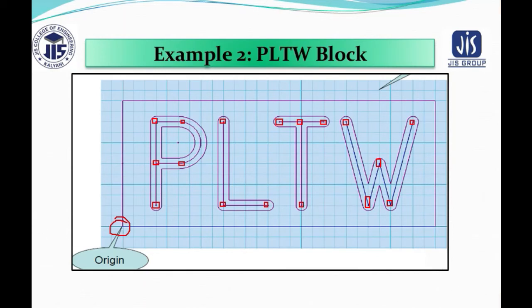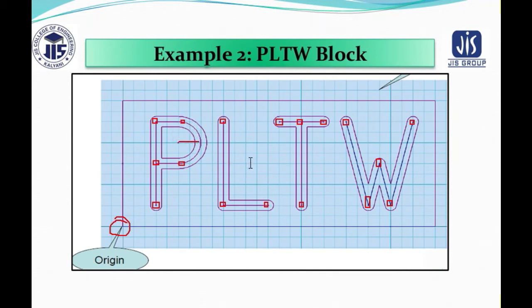Only for this particular situation, for this arc, this is the center point, you have to know the value of the radius of the arc. This will be represented by the R value.